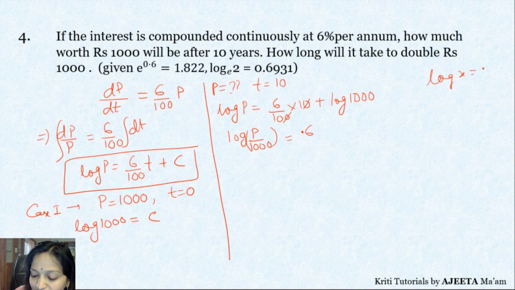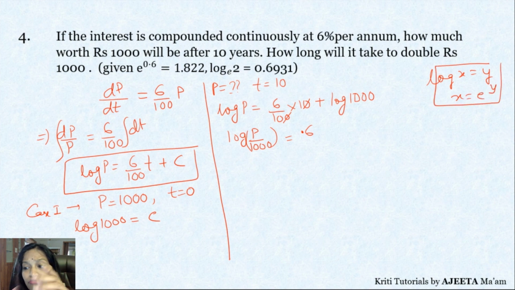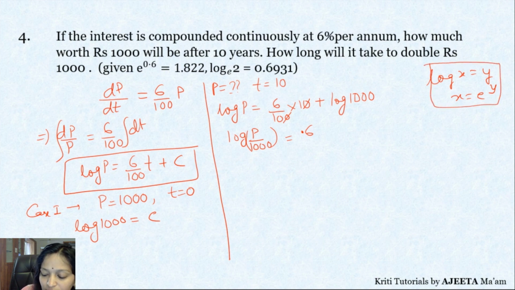If log x is equal to y, then what is the exponent form? x equals exponential y. This relation I think will be clear to all of you. And if not, please note it down very carefully. Highlight it, write it anywhere, put it up in your room. It's very important for mathematics. Log x is equal to y, so x is equal to exponential y. So what will you get? P upon 1000 is equal to exponential 0.6.